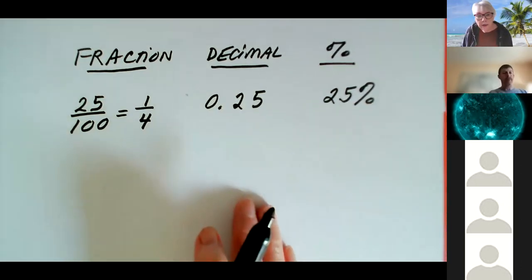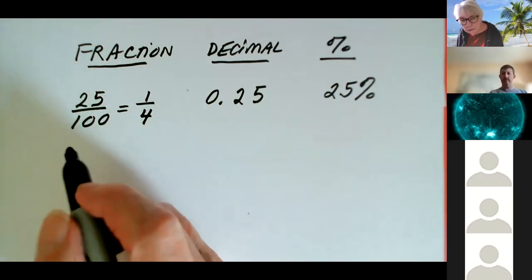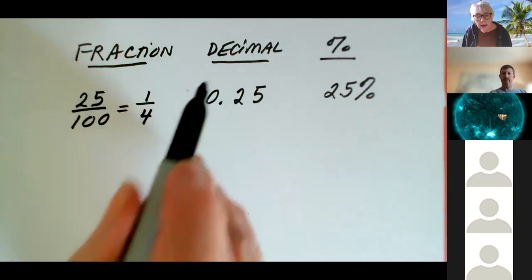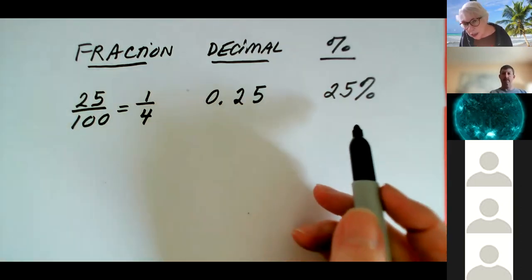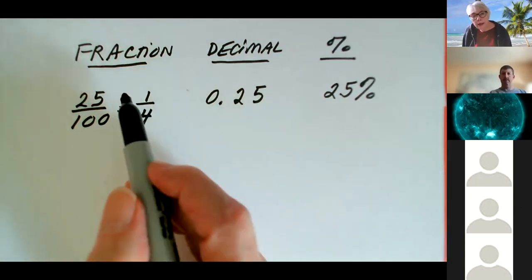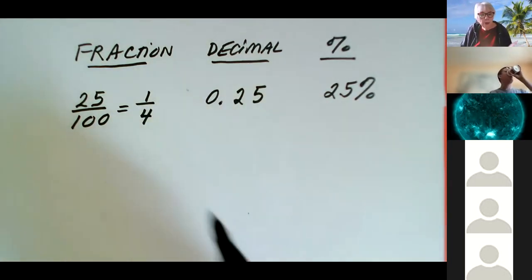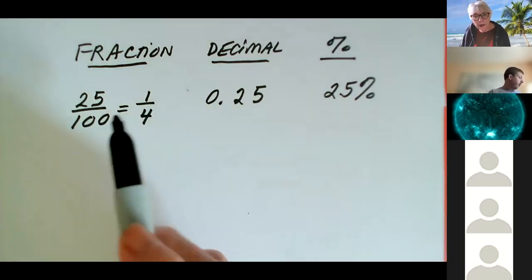So let's start in a different direction. And so sometimes they'll just ask you to go from here to here. But I think it helps to see the big picture when all three. And so you can literally go from here to there.